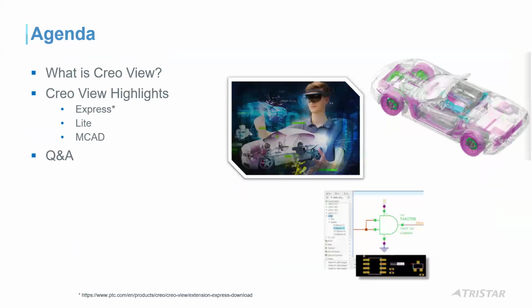So we're going to go through what it is and what it can do. We're going to look at some typical functionality used by people across various roles. This is not a tool only for engineers. This is actually a tool for everyone else within your organization.